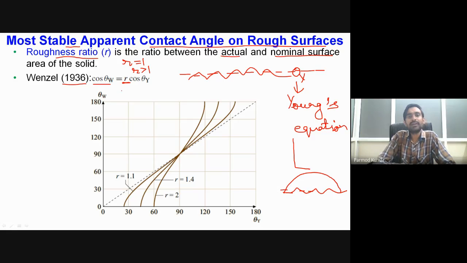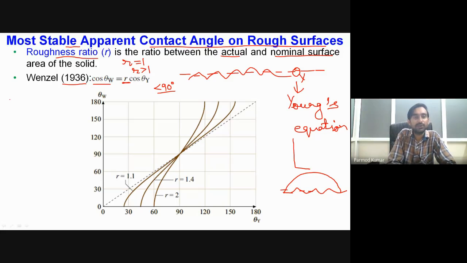Okay, so over here you can see that if we have some value of contact angle theta y less than 90 degree, what will always happen is that because the value of r will be greater than 1, when this r is multiplied to it, it will try to reduce the value of theta w.